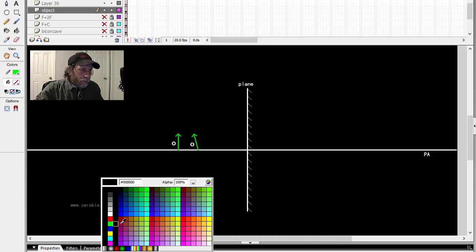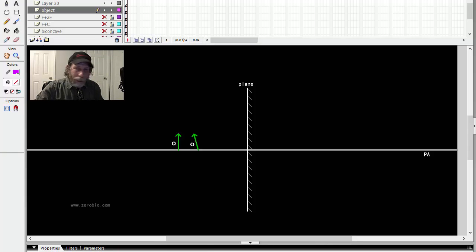Let's do another diagram. Same idea: locate the image in a plane mirror. So what you do is you take your ruler, put it on the top of the object, measure the distance right to the mirror using a solid line, draw that solid line, and then draw behind the mirror the same distance and make that one a dotted line like that. Okay, everything's cool.